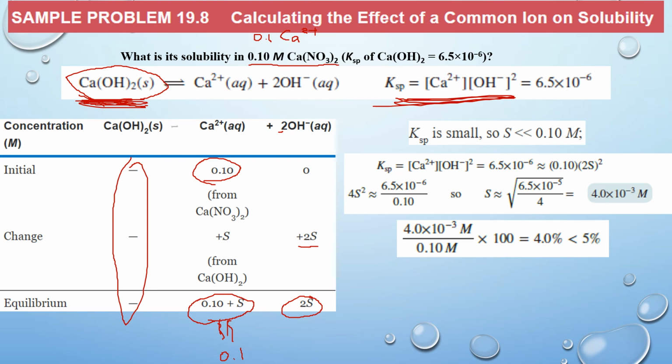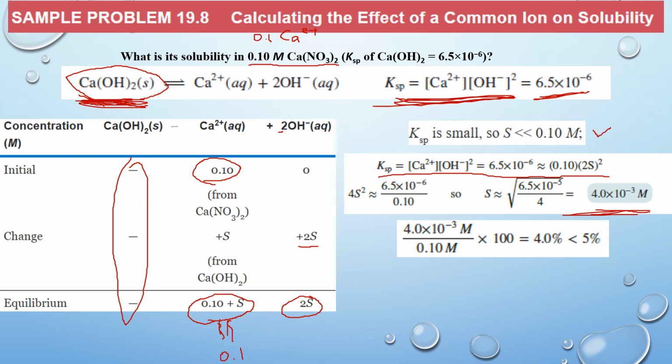Because the KSP of calcium hydroxide is given, we can plug these equilibrium concentrations into the expression, by making the assumption that 0.1 plus S is approximately equal to 0.1. By doing this, we can calculate S, which is equal to 4 times 10 to the negative 3 molar. We can justify our assumption, because this S value compared to 0.1 is 4%, which is less than 5%.